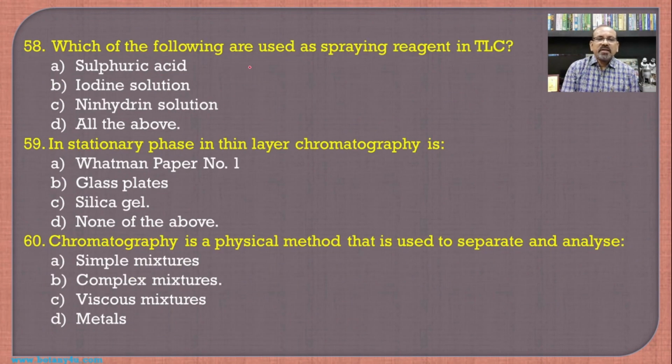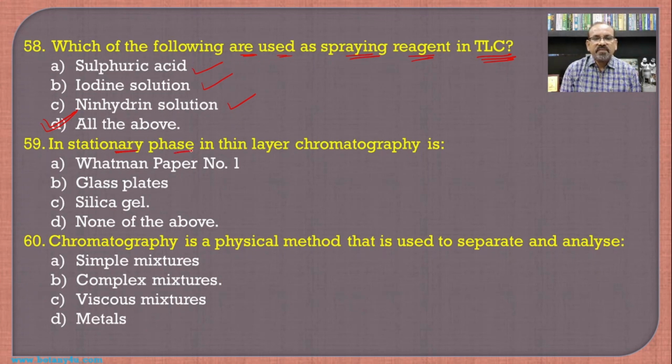Then which of the following are used as a spraying reagent in TLC? Earlier we saw ninhydrin in paper chromatography, but in the case of TLC, sulfuric acid, iodine solution and ninhydrin are all used as spraying reagents, and hence all of the above becomes the answer for this question.